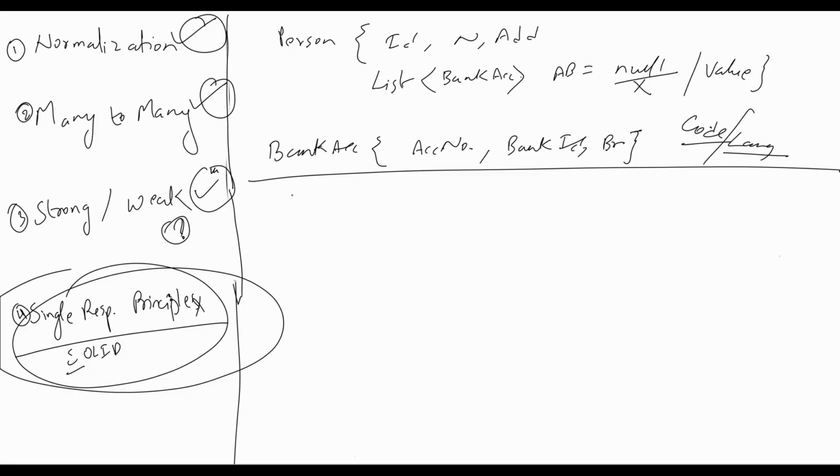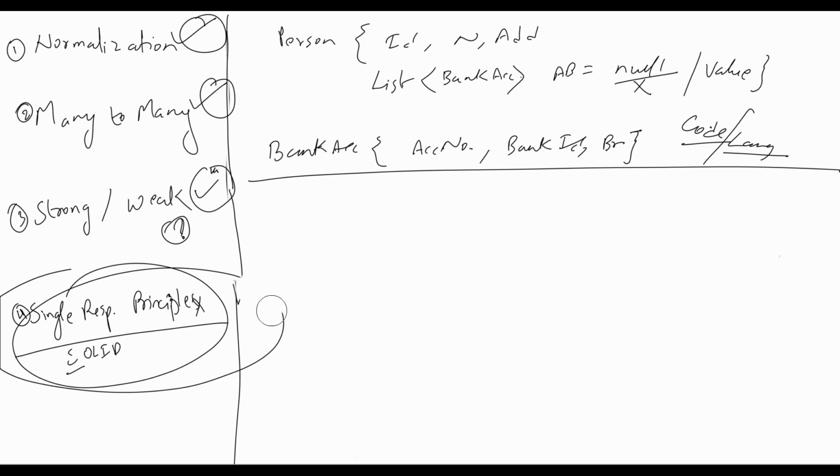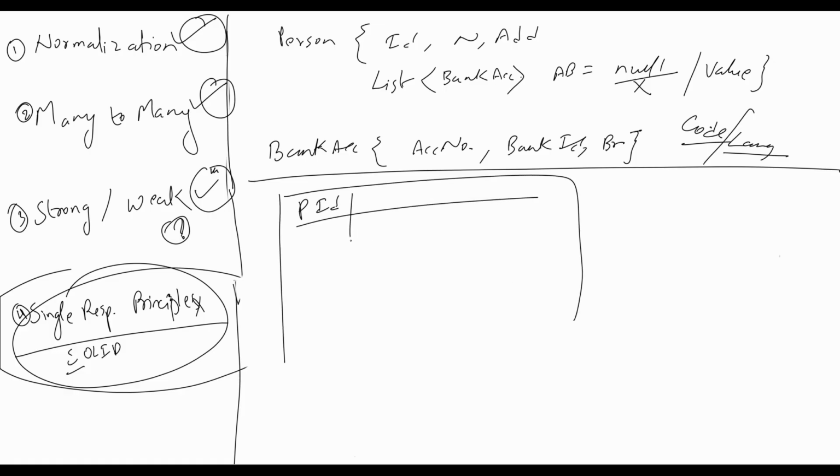Now how a database teaches us these things is simply like this: they will say, okay, we have one table which has all the things like person ID, name, address, and we have these fields as well, account number and bank details and all, and those are null at first, and later on we will add values to them.